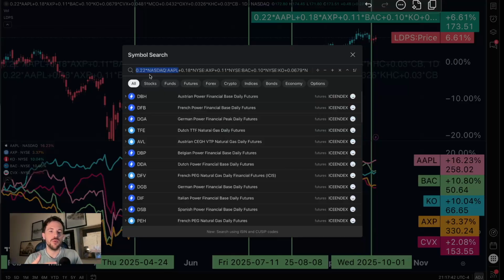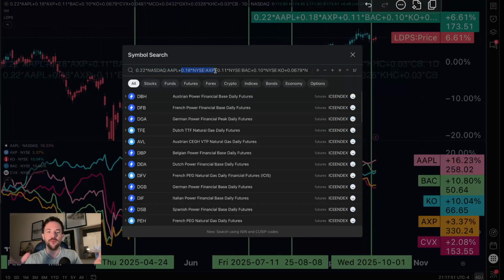So that becomes 0.22 times Apple. And then we add it to all of the other parts of that portfolio. For instance here, they have 18% of AXP, and so it becomes 0.18 times AXP. And then you do that for all of the symbols and weigh them appropriately.